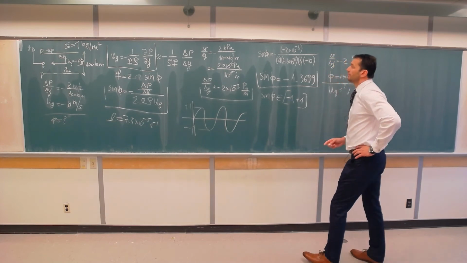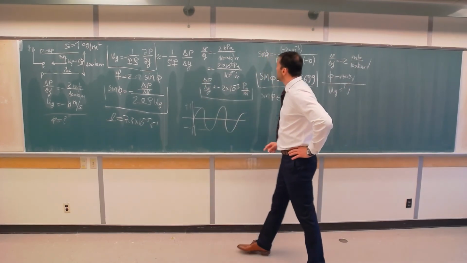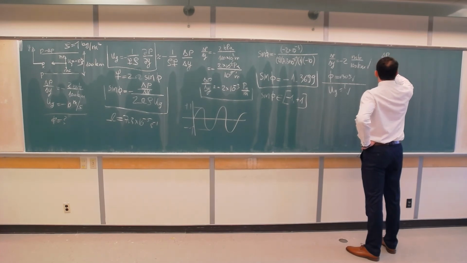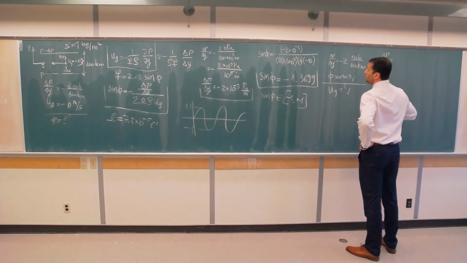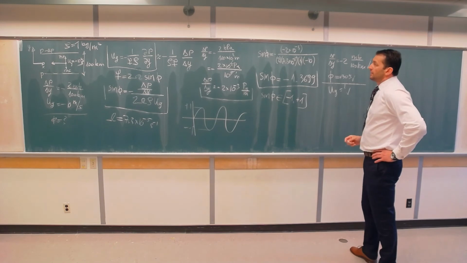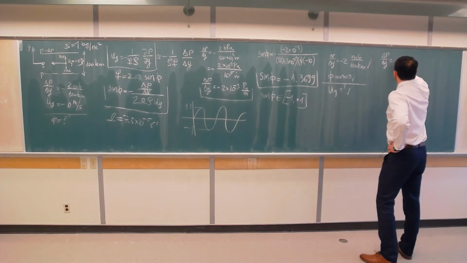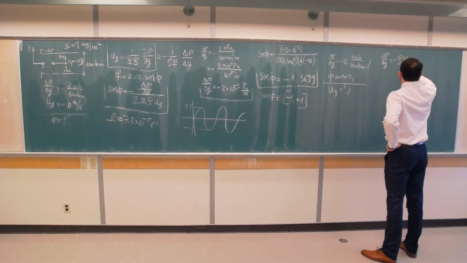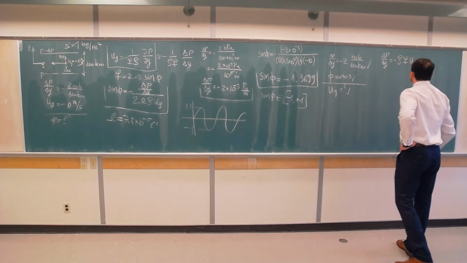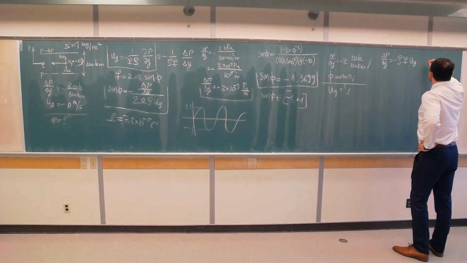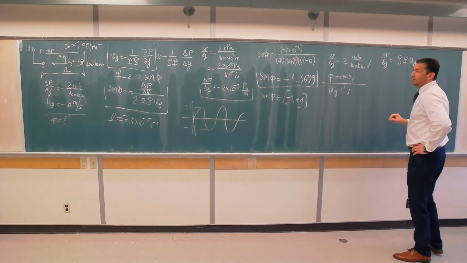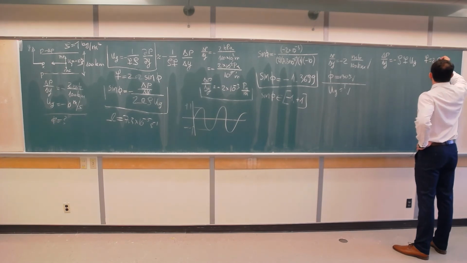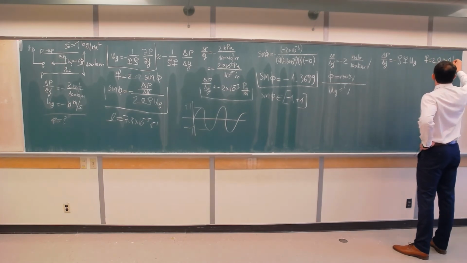Well, to solve that, I will again go back to this equation. So this equation tells me that delta P, delta Y, which is now unknown, is equal to minus rho times F times UG. Now, what is F? F is 2 omega sine phi.